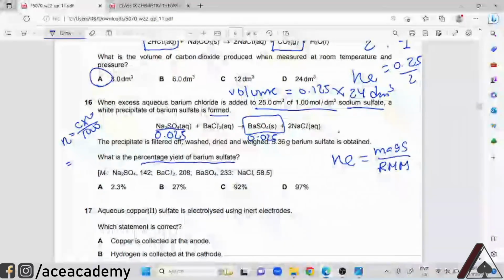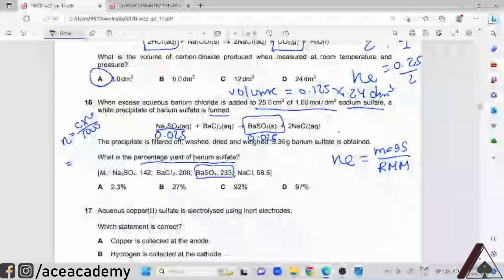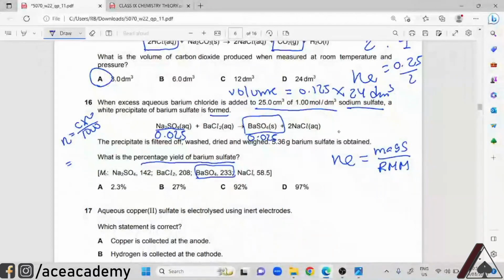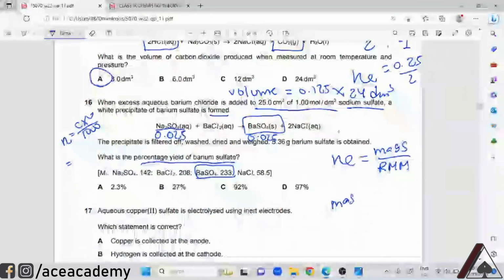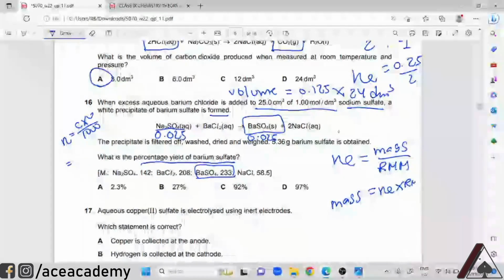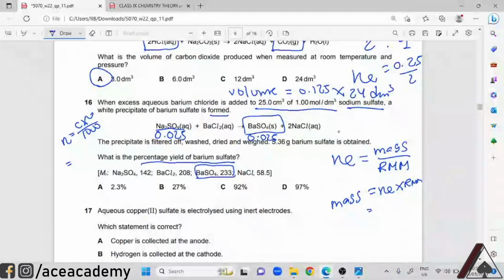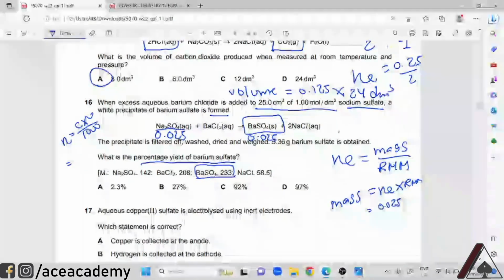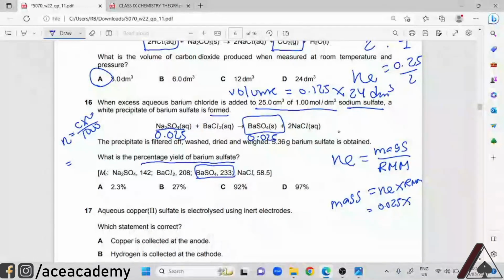They have already given us the RMM of barium sulfate. So to find out the mass, we have to multiply the moles with the RMM. 0.025 multiplied by 233, and we will get 5.825.